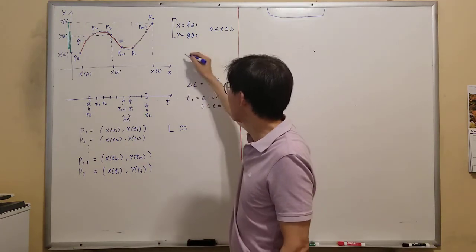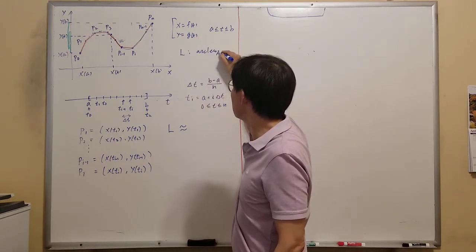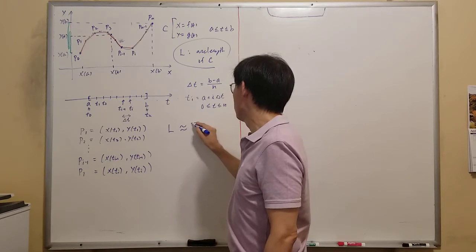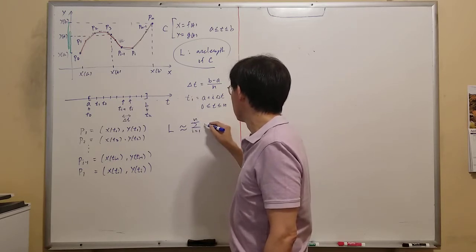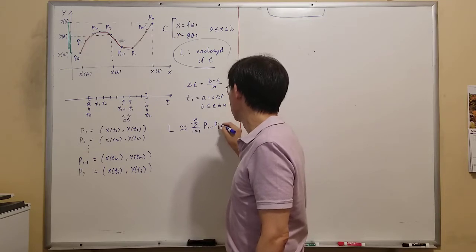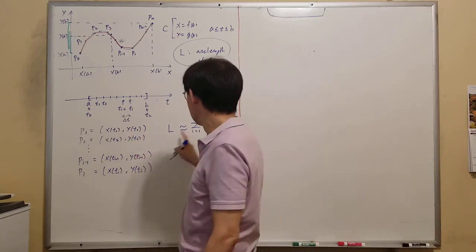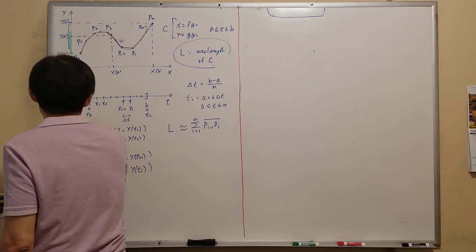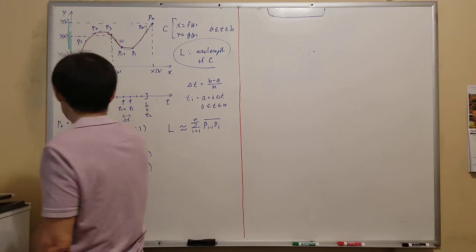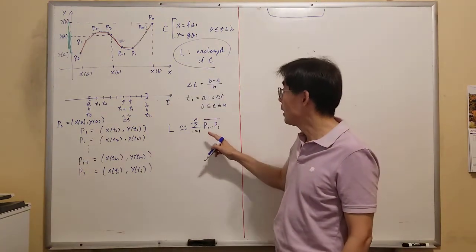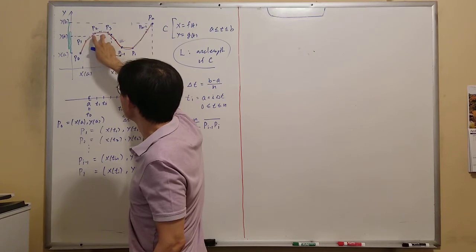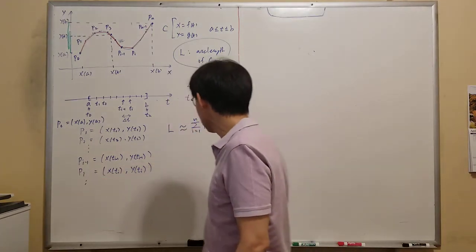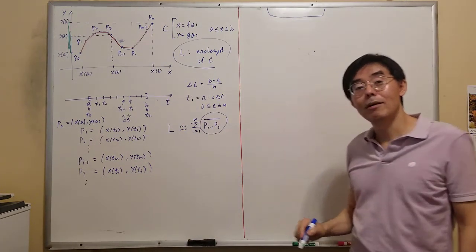I'm going to call it L, the arc length, the length of curve C. It will be a good approximation of the length from P0 to P1, starting from P0, where t0 means a, plus the length from P1 to P2, P2 to P3, P3 to P4, and so forth.